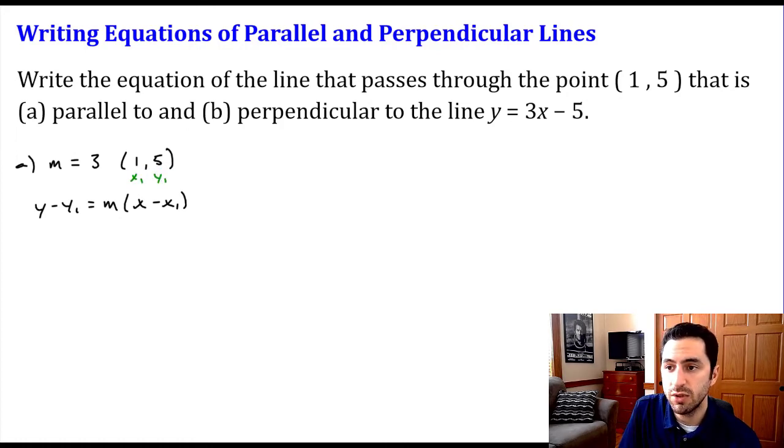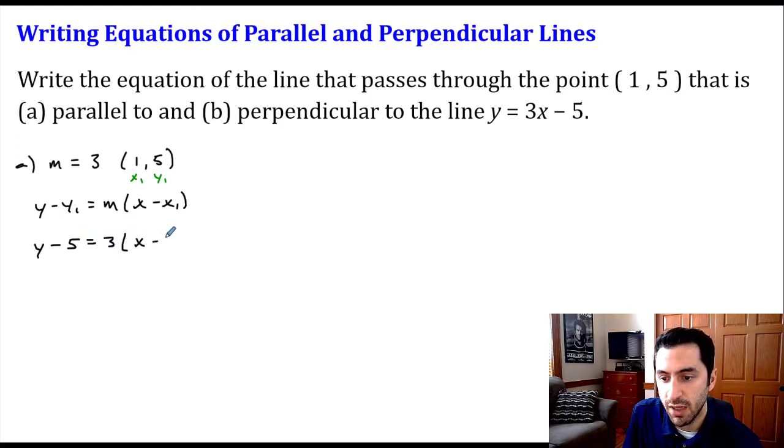Now we just have to do some substitution. If we substitute in the y value, we have y - 5, our slope is 3, and then we have x - 1. And that's a perfectly fine equation of a line. If we wanted to, we could go further and rewrite this in slope-intercept form.